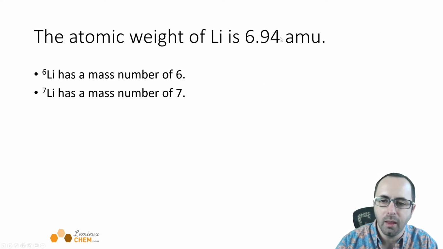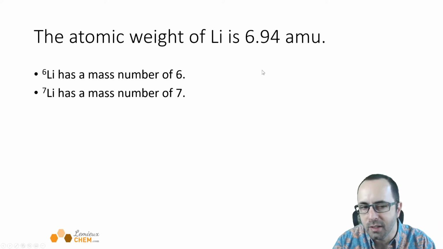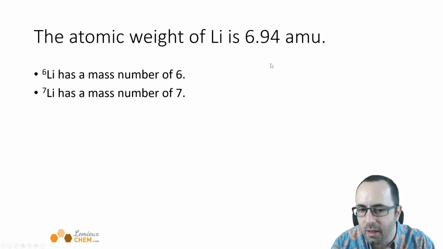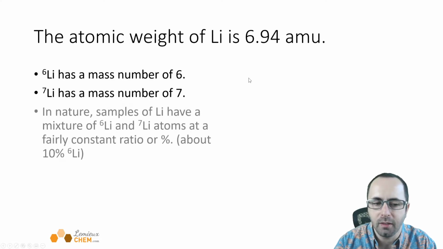Now, if you look at the average atomic mass, take a guess, which do you think there are more of? The ones that weigh 7 or the ones that weigh 6? It's 7. You're right, because the average is very close to 7. So it must be that most of them weigh 7, and only a few of them have a mass number of 6.